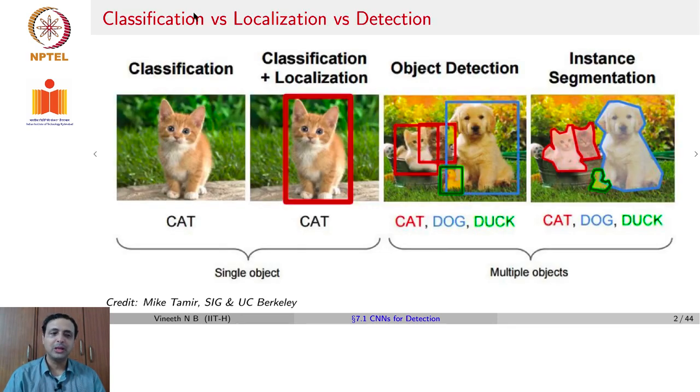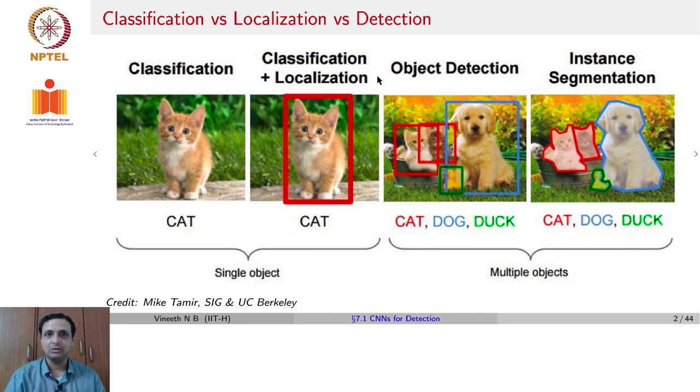The difference between classification, localization, and detection is as follows. In classification, given a cat in an image, the objective is to say that there is a cat that corresponds to the image.